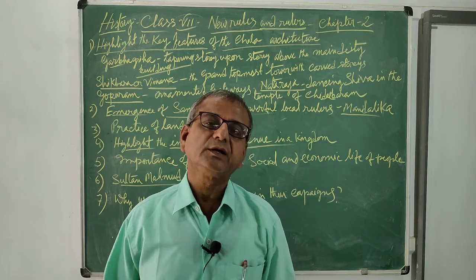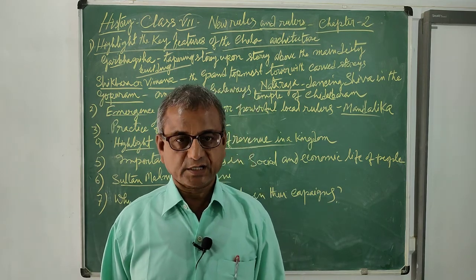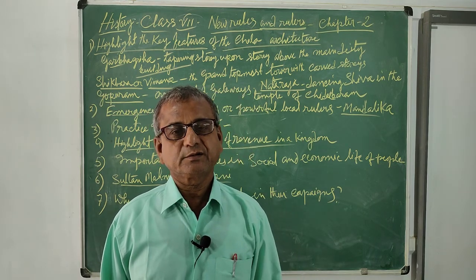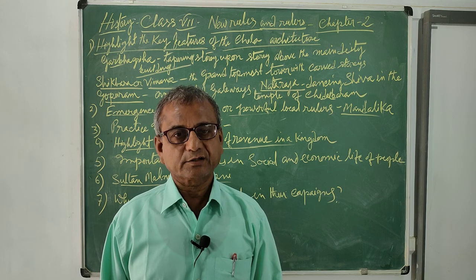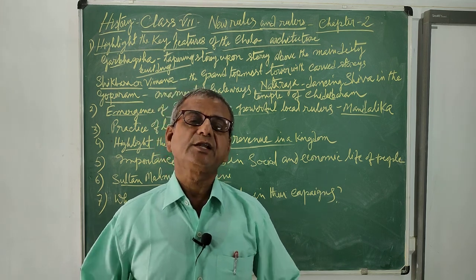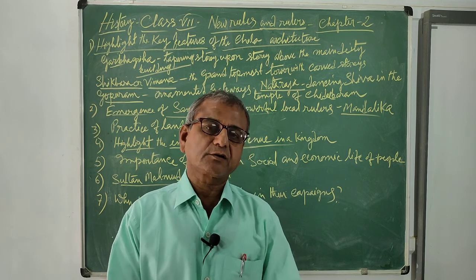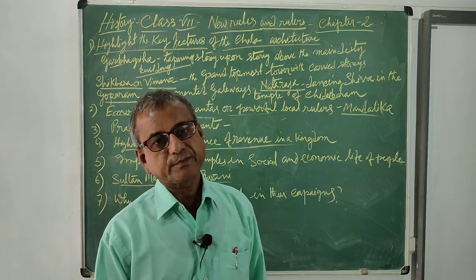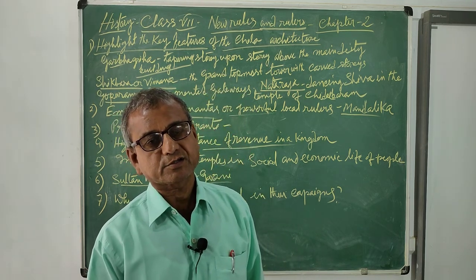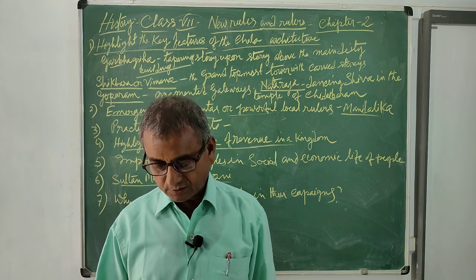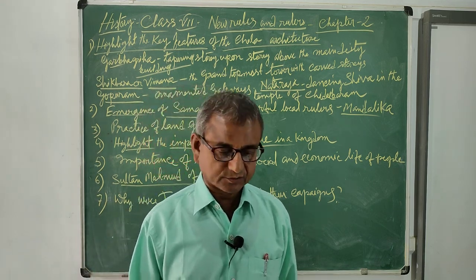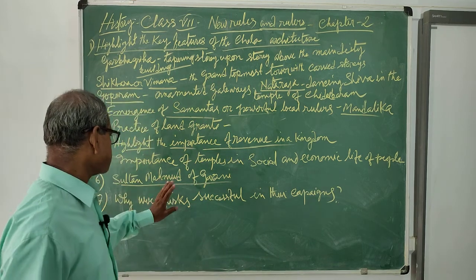For example, the tripartite struggle was fought between the Palas, Pratiharas and Rashtrakutas. The three powers fought for the occupation of Kannauj. Why did they want to capture Kannauj? Because Kannauj was very rich in natural resources. So that is the reason.